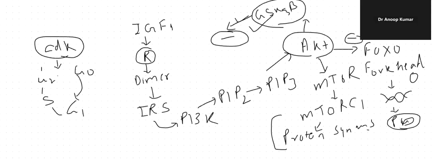So these AKT, mTOR are the regulators of your cell differentiation as well, right? One more pathway is there, the RAS, RAF, MAPK, ERK pathway, which also helps in protein synthesis, right?